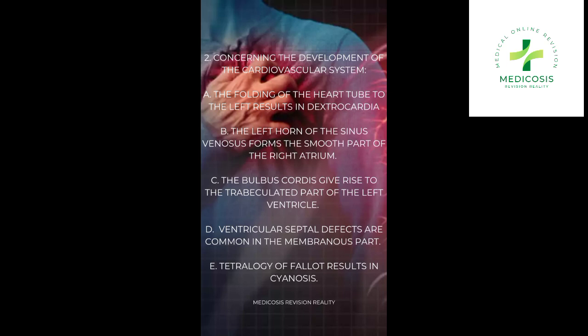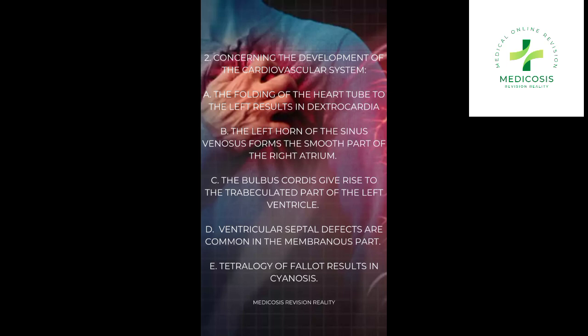E. Tetralogy of Fallot results in cyanosis. Obviously medics, the answer is true. In the previous question I explained the tetralogy of Fallot. Or maybe you don't know what cyanosis is, right? Cyanosis is a condition where the fingers and skin turn bluish due to lack of oxygenated blood. So how does this relate to tetralogy of Fallot?